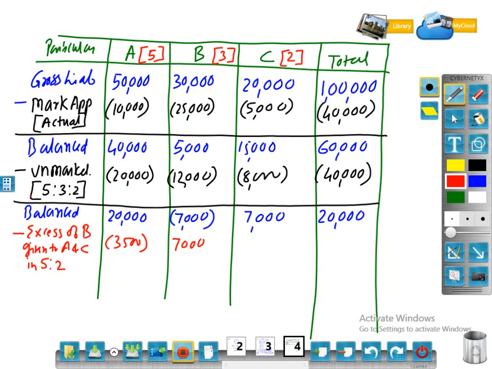Here not 3,500, here 5,000. 1,000 multiplied by 5 is 5,000. And here 1,000 multiplied by 2 is 2,000. So if you take the total, it becomes 0. Again we have to take the balance.